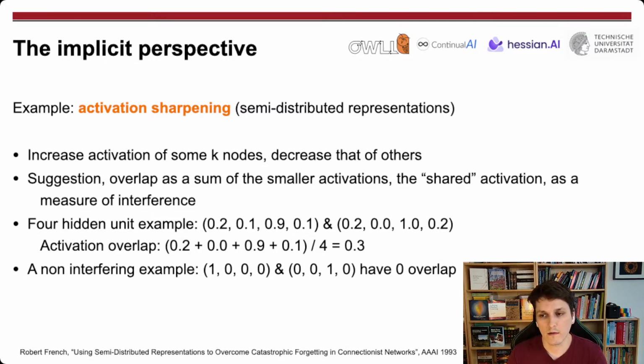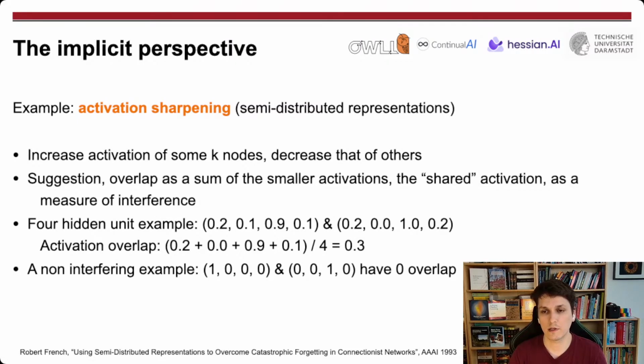We can see this in this example of the two vectors that I've put here, with 4 hidden units, where you just have the calculation of an activation overlap. What you would do is go through both of these vectors and pick the smaller of the two activation numbers. For the first entry, it's 0.2 because they're both equal.